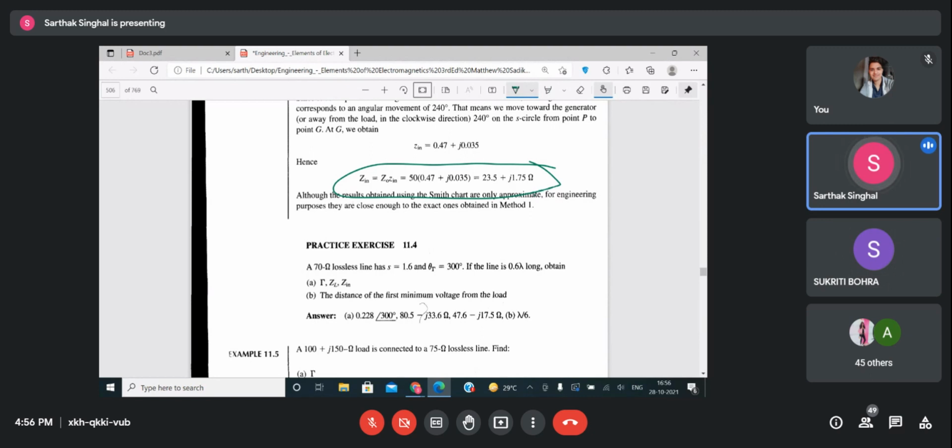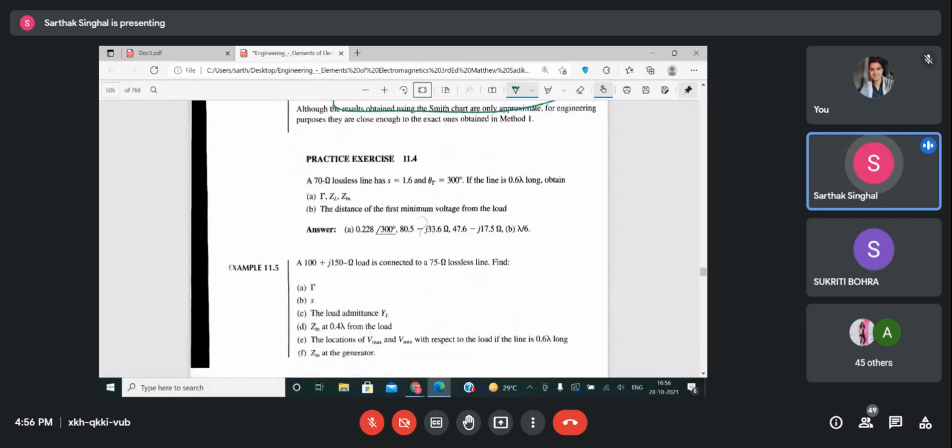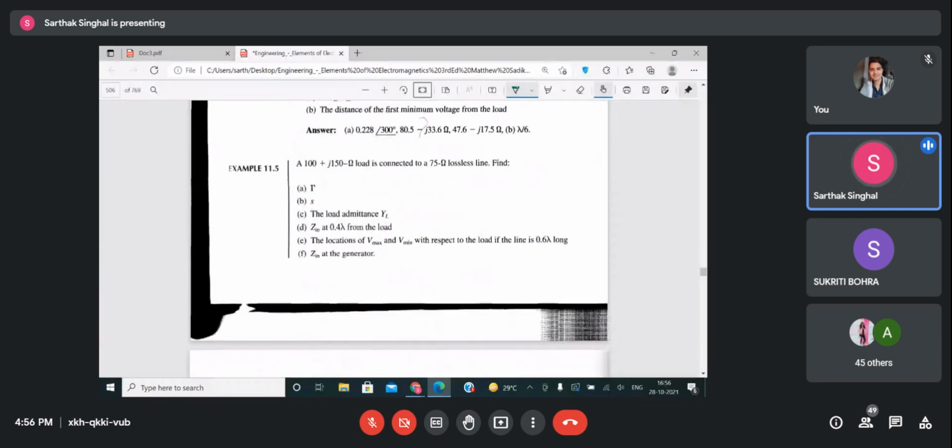I have also already shared a few NPTEL lecture links on Google Classroom, from which you can get more information about the Smith chart. If you find any difficulty, we can discuss it on the 11th.